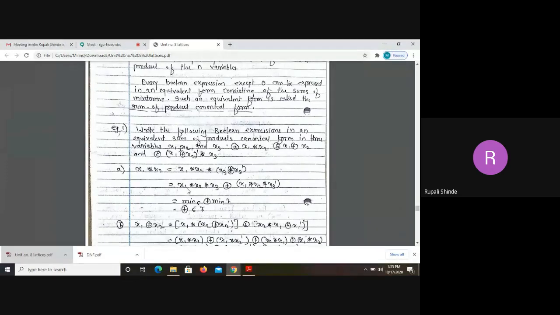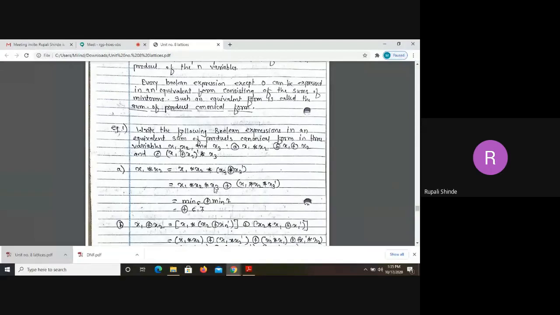So all the time you have to apply the same rule. Now consider here x1, which is in its original form, so we have to write 1. Again x2 is in original form, so again we will assign the value 1.